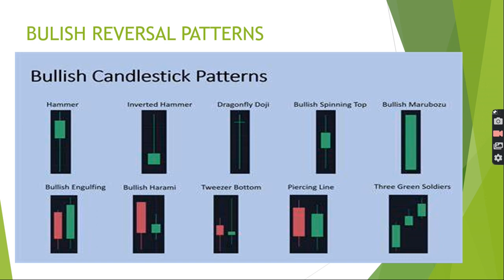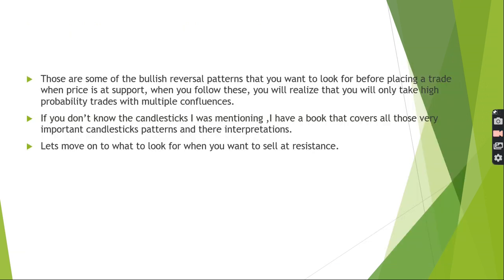These are some of the bullish reversal patterns you want to look for before placing a buy trade at support. When you follow these, you only take high probability trades because you have multiple confluences.